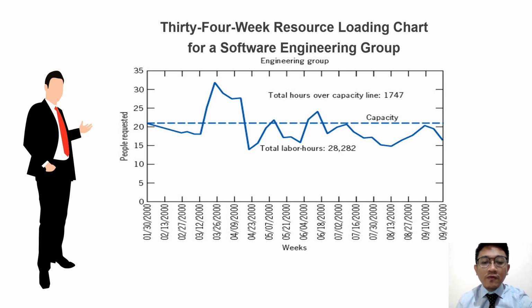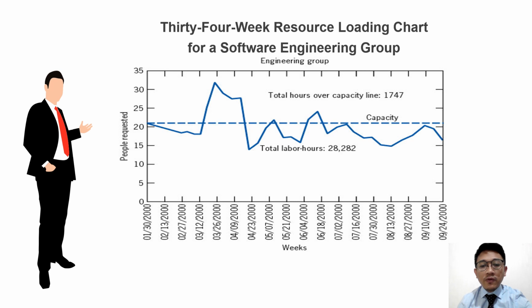The 34-week resource loading chart outlines a software engineering group's workload. The x-axis represents time in weeks, while the y-axis the requested number of people.